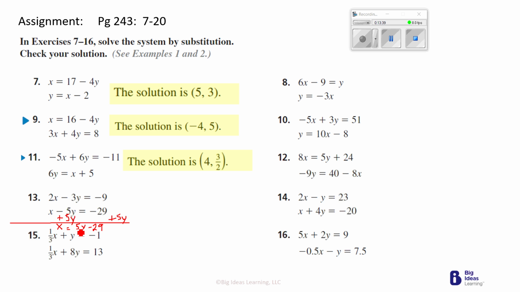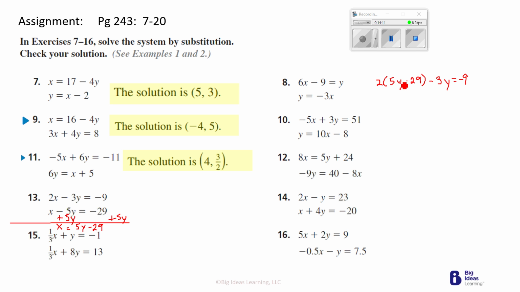All right, now I know what x is. I'm going to replace x over here with what I found. So 2 is going to get multiplied to 5y minus 29. And we're going to subtract 3y. And that's going to equal negative 9.